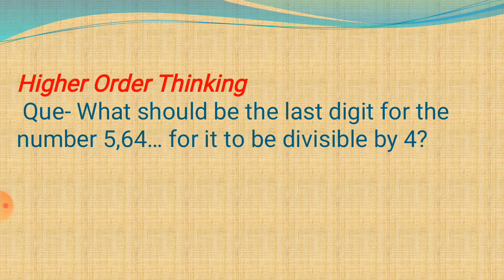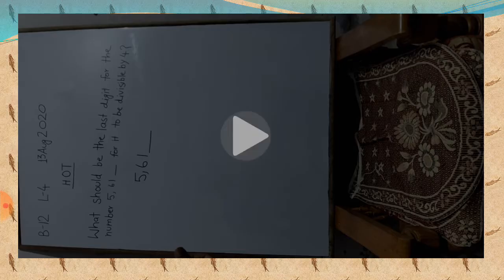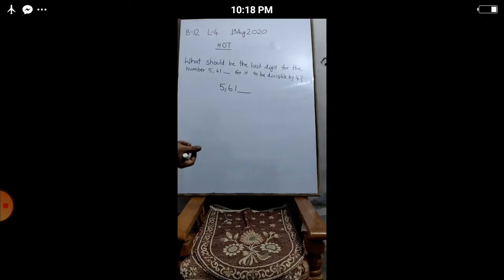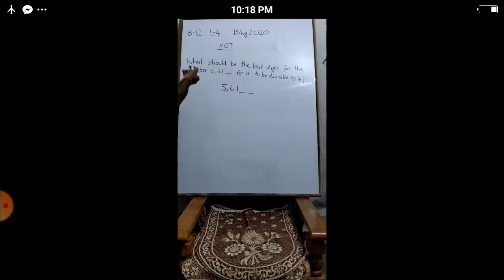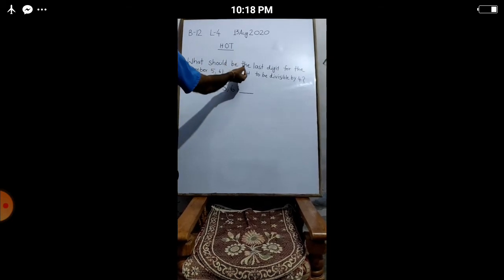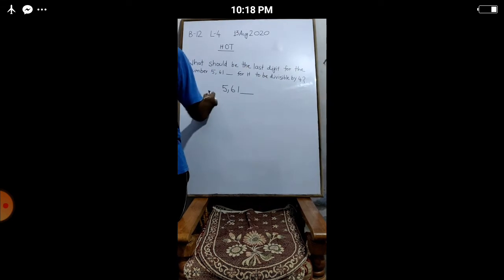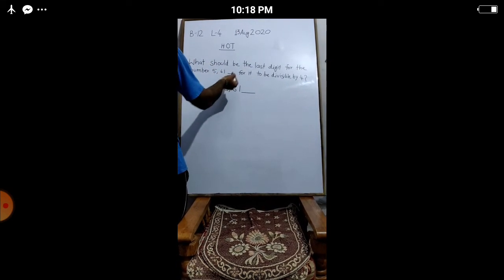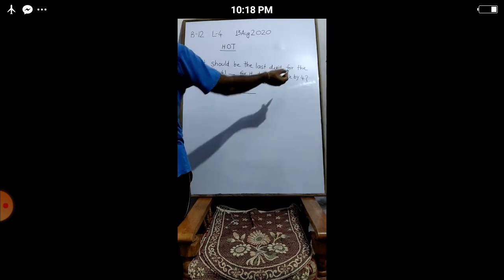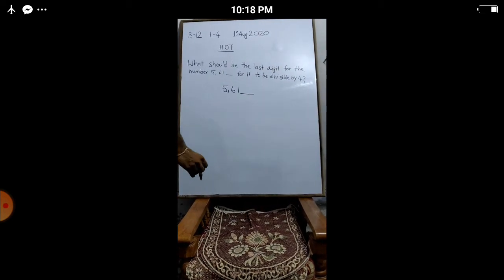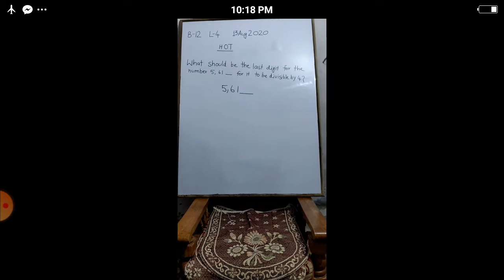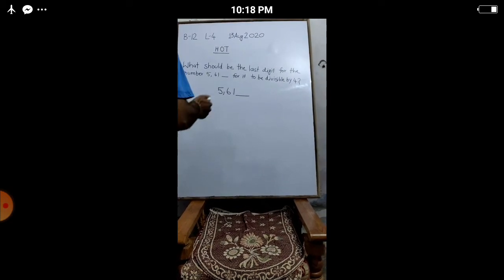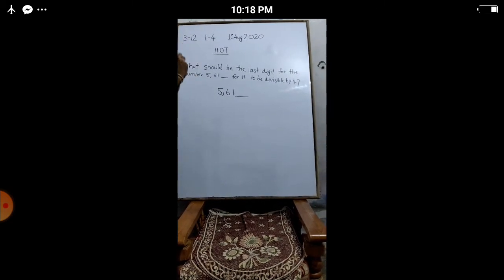Children, to be divisible by 4, the last two digits, tens and ones, should be divisible by 4.